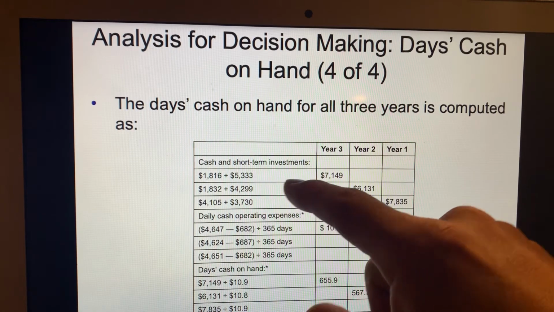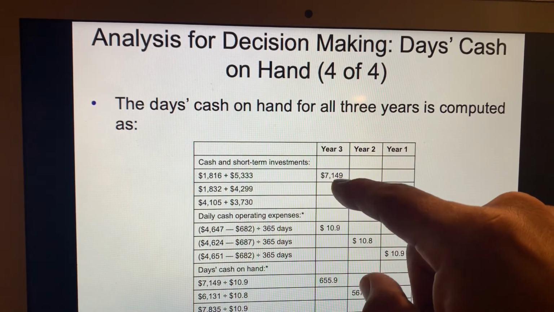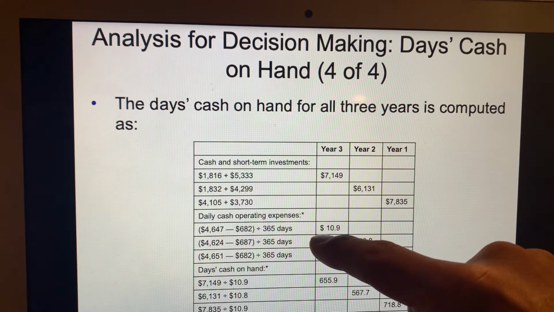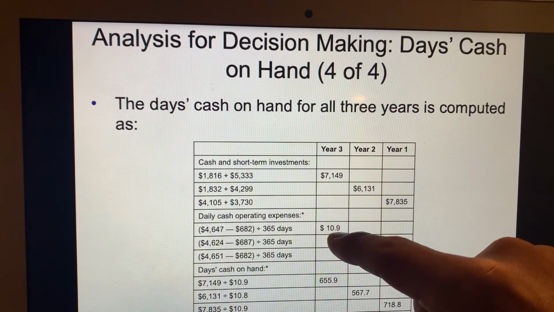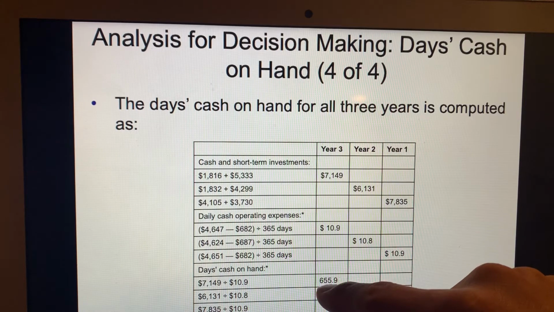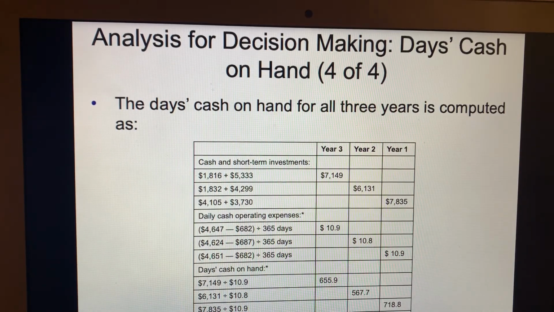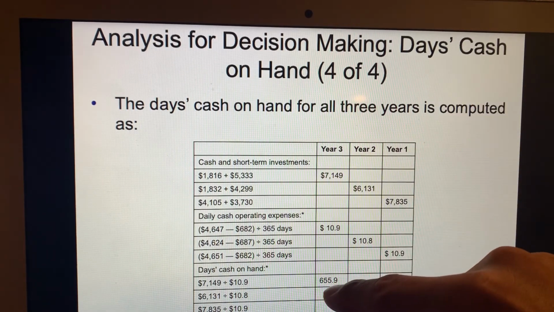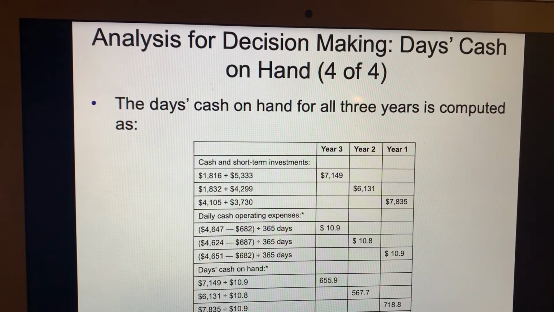The combination of the two adds up to 7,149. So whenever we look at it, divided by 365, 10.9, 655. So those numbers we took right here, this divided by that, so we can survive 655 days with the amount of cash we have on hand.